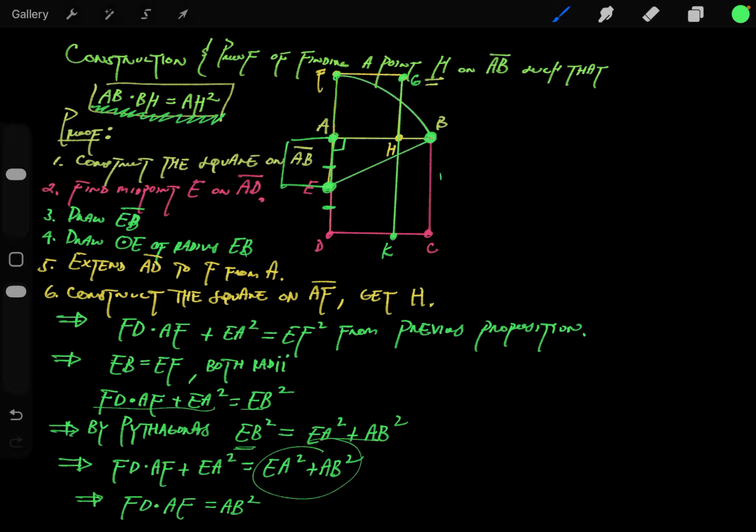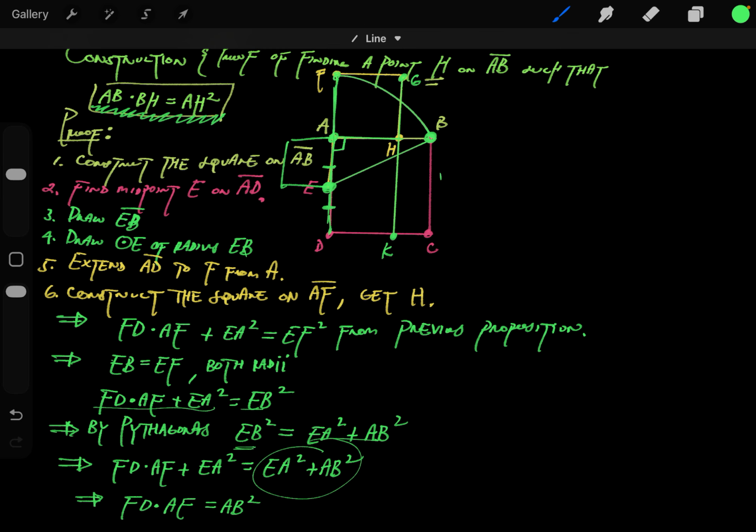FD is this entire length times AF, which is the same length as AH. So let's look at these pieces.